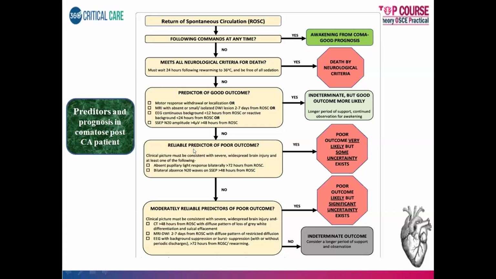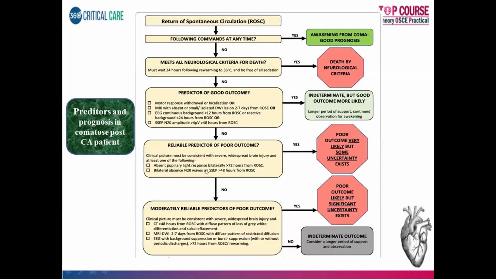poor outcome. What are those? If there is an absent pupillary light response bilaterally for more than 72 hours, then it is a poor outcome. Or if SSEP is available, and there is bilateral N20 absence for more than 48 hours, then the patient will also have a poor outcome.